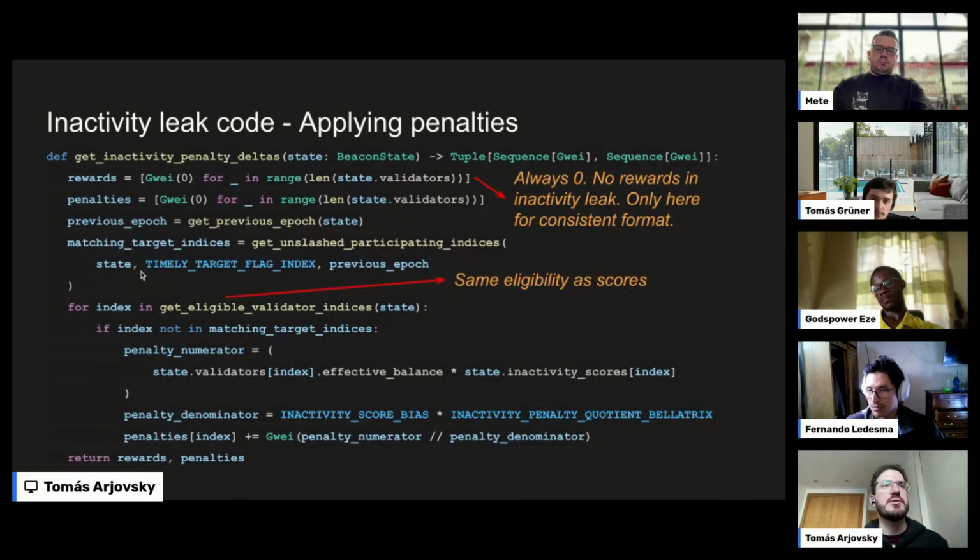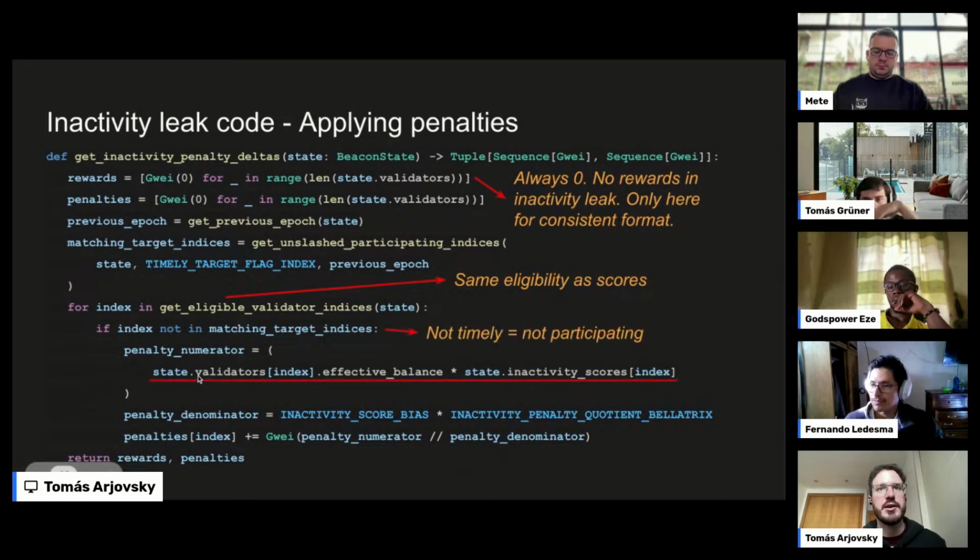Next I will calculate the matching target indices, which means which of these are unslashed and participating. And if someone is not participating and is also eligible, I will apply the inactivity leak penalty according to their score. And this is the most important part. This is the calculation.